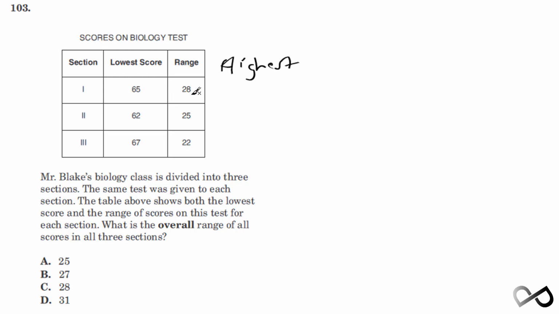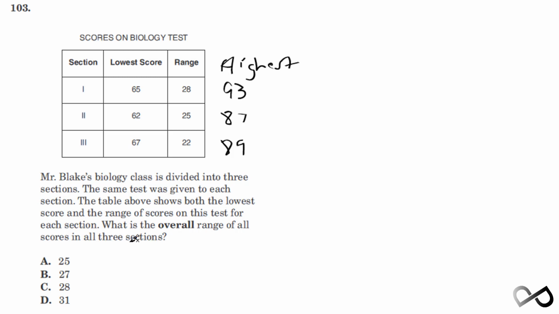Okay, so 65 plus the 28, that's going to give us 93. 62 plus 25, that is 87. And 67 plus 22 is 89. So we want the overall greatest range, okay?